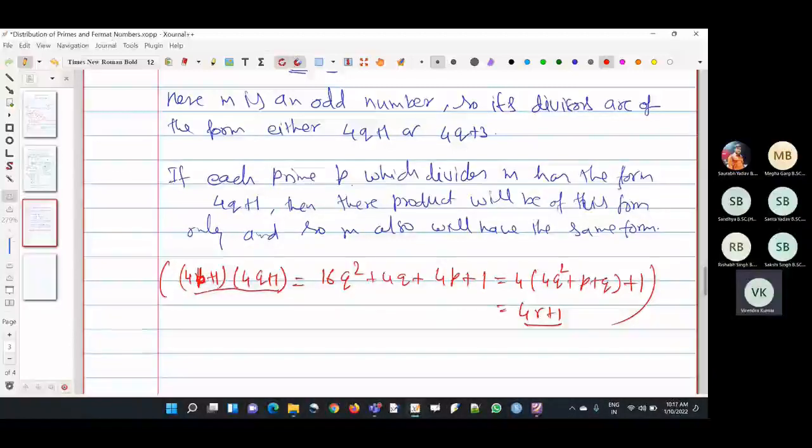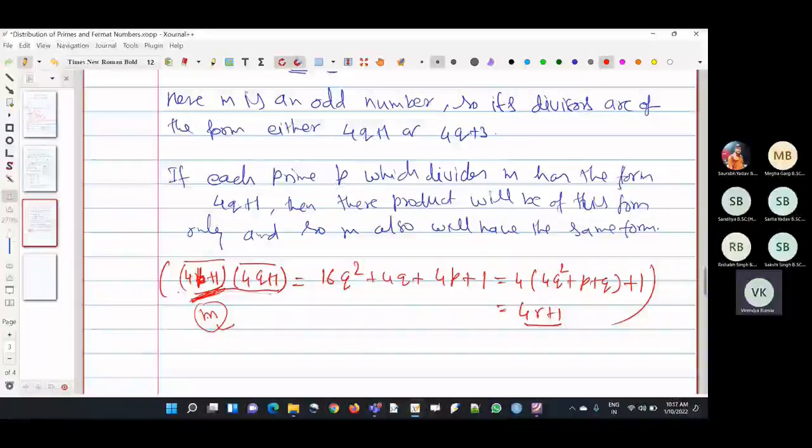So what I'm trying to say is, suppose this is some prime which divides m and is of the form 4p plus 1, and suppose each divisor of m has this form. One divisor has this form, another divisor has this form. Then the product of all these is going to give us exactly m.